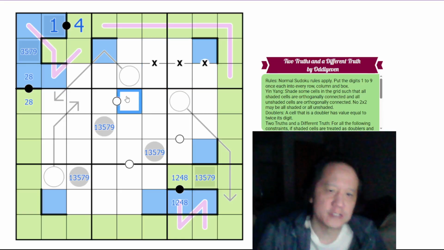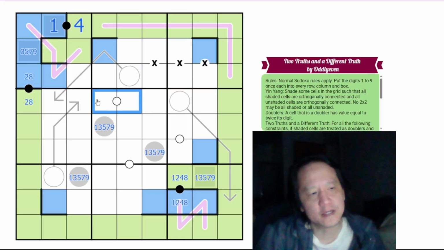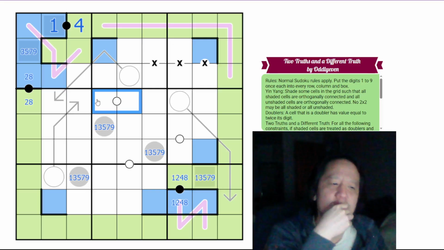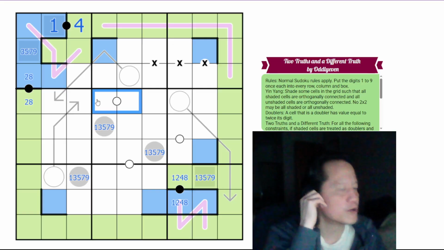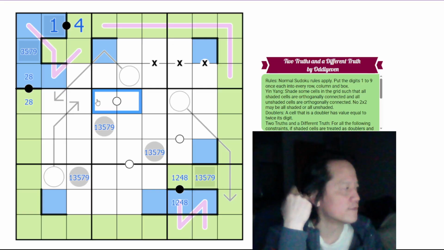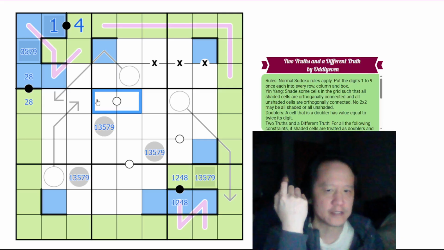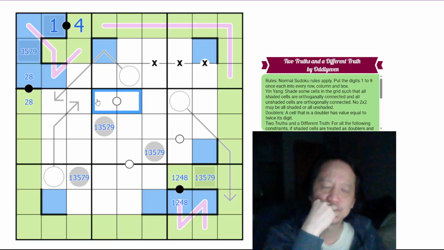This has to be some sort of odd or even set. Does it? Actually, no. It could be like 1 or 3 doubled with 5, 3 doubled with 5 or 7, as I said earlier. Hmm. So we're not guaranteed that either.